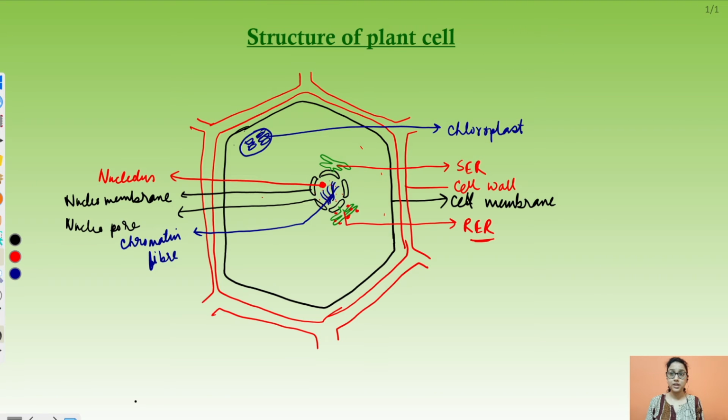There will be the presence of another cell organelle, that is mitochondria. This mitochondria is a double membrane bound cell organelle. It is considered as the powerhouse of the cell.